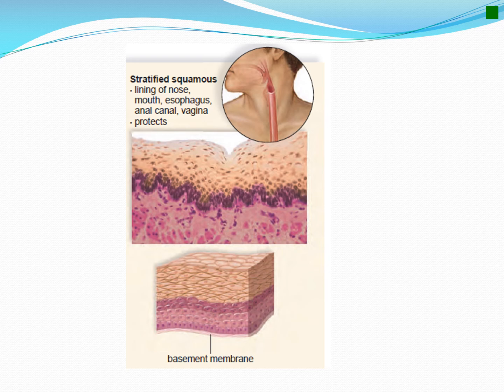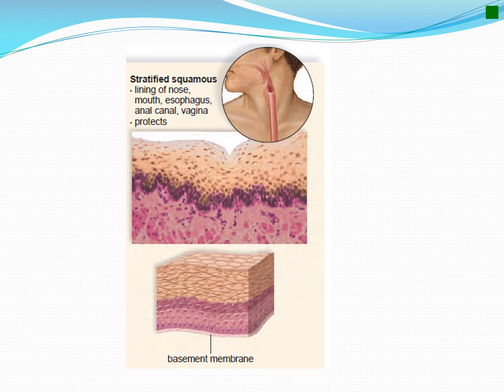Remember that when we are in the presence of this kind of epithelium, we regard the uppermost layers to give a name. That is to say, as the uppermost layers are made of flat cells, this will be a stratified squamous epithelium.